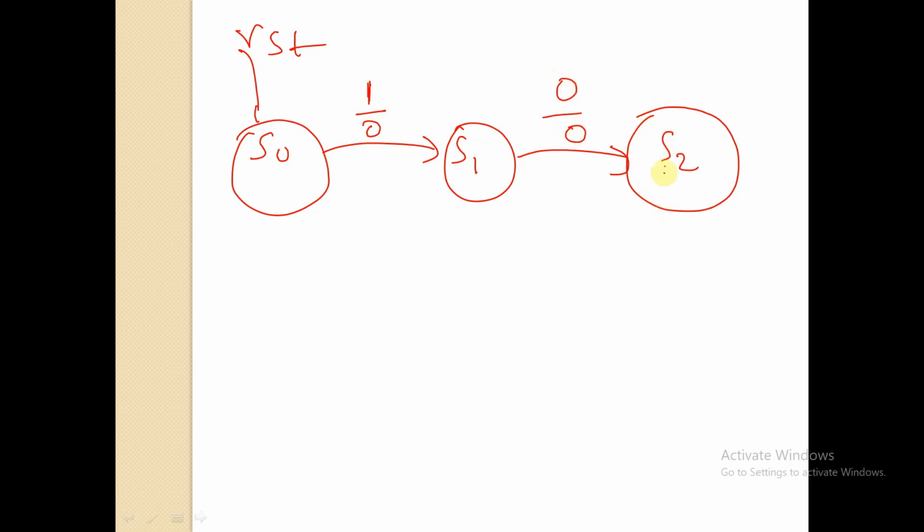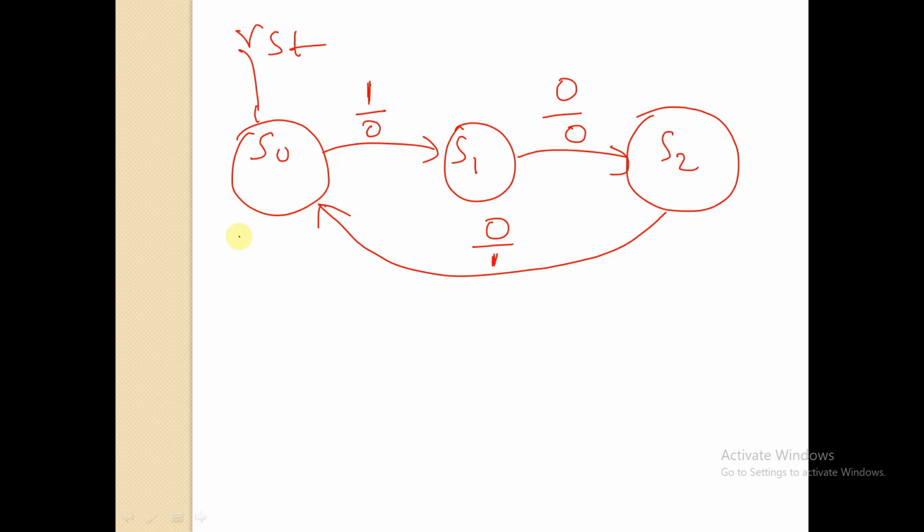In the S2 state, if the input is 0, then output is 1. This is just an example to show what's happening.